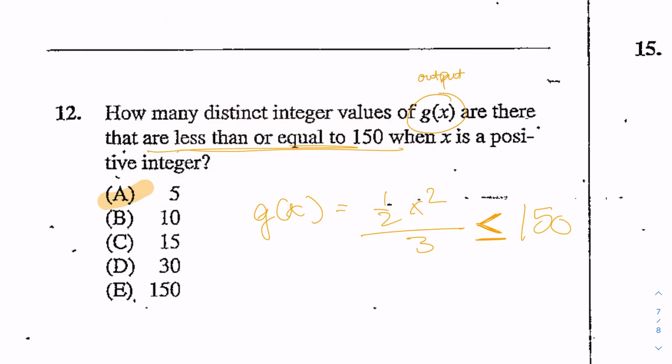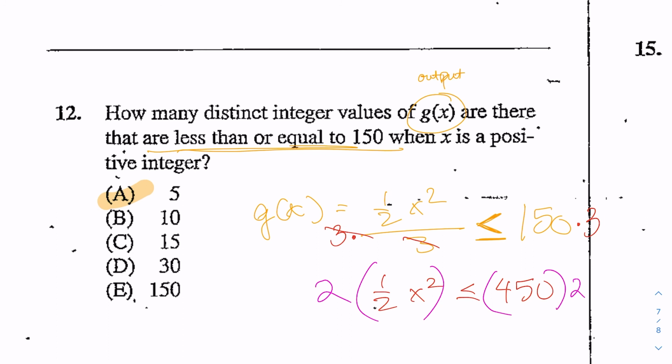So here, I'm going to solve for inequality. To solve just like regular equations, what you do to one side, you got to do to the other side. Times 3 on both sides, you got 1/2 of x squared is less than or equal to 450. Then if you double both sides, you get that x squared is less than or equal to 900, which you could then do the square root.